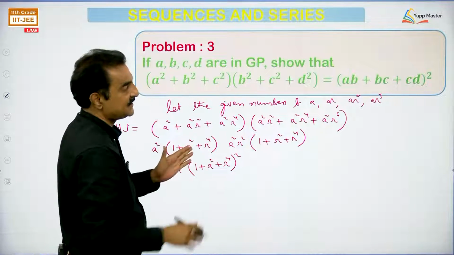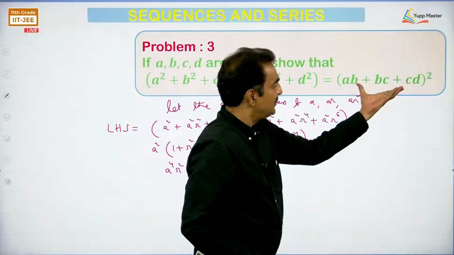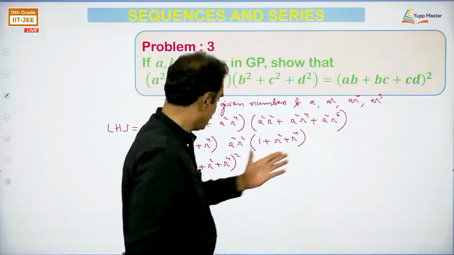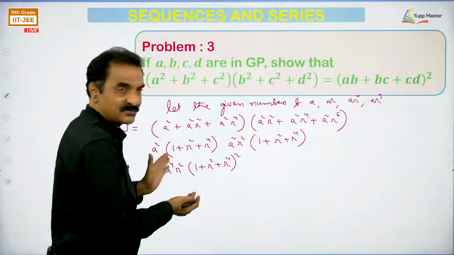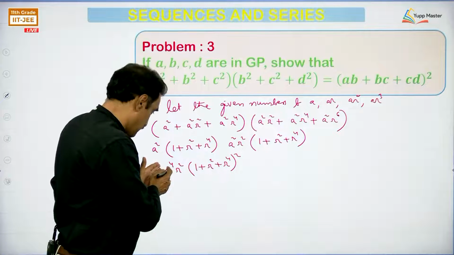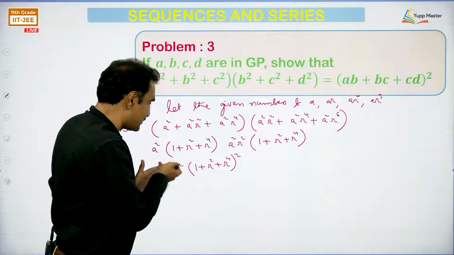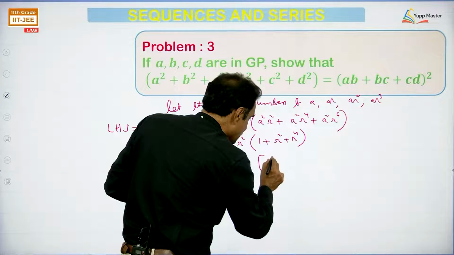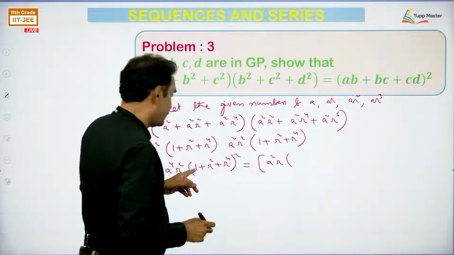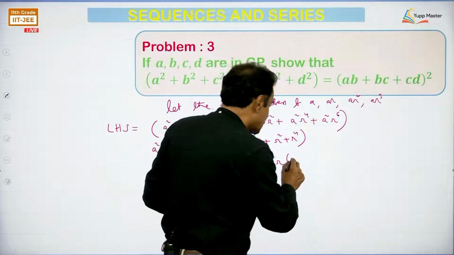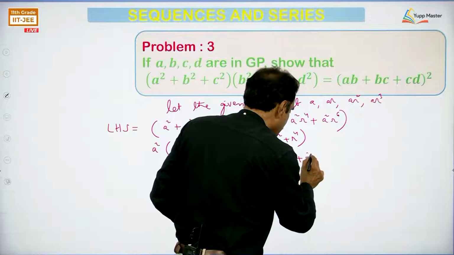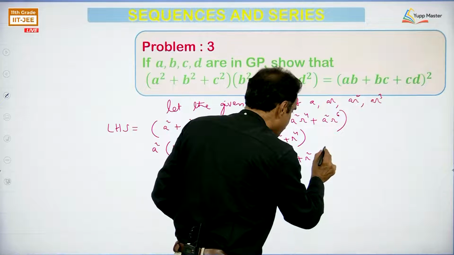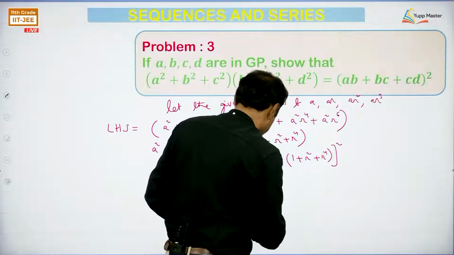Now look at the RHS. We have to write it as some perfect square. So how can you write this as a whole square? This is a square r whole square. So totally a square r into 1 plus r square plus r power 4 whole square.